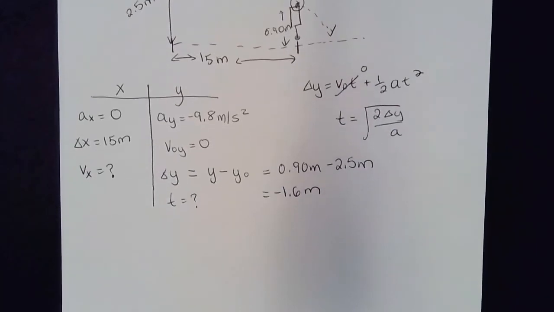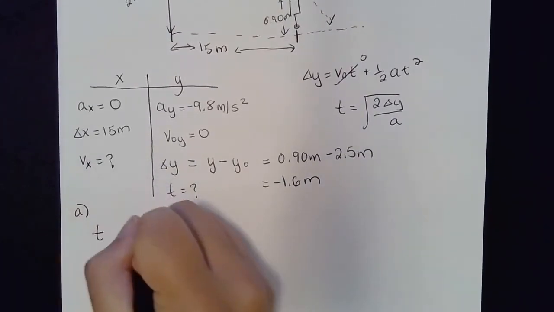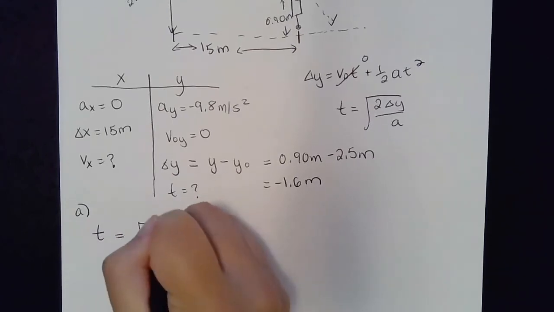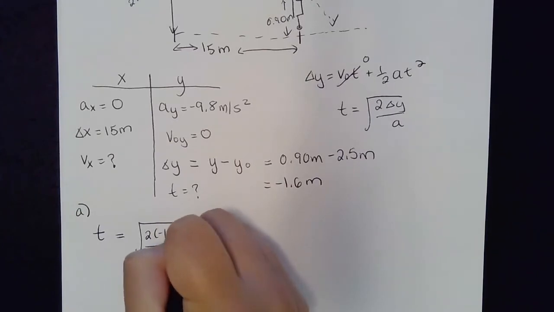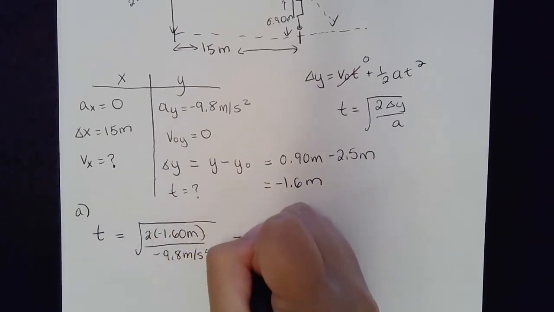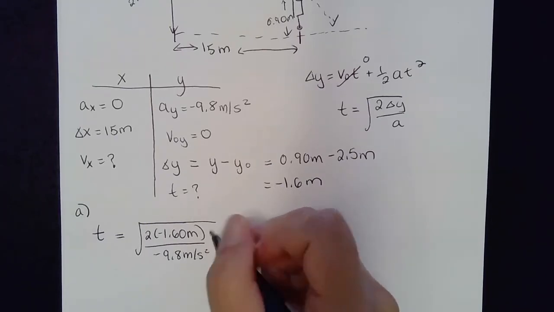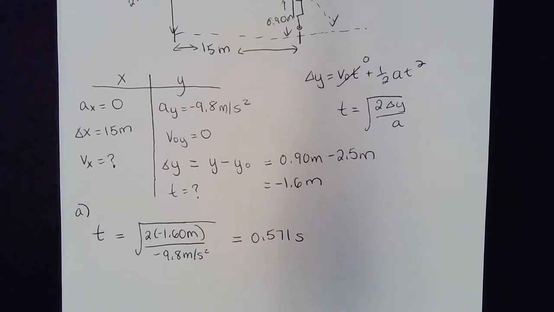Okay, so I'll need more space down here. So that means that our time, and this is for part A, is going to be the root of 2 times negative 1.6 meters over negative 9.8 meters per second squared, which gives me 0.571 seconds for the time.